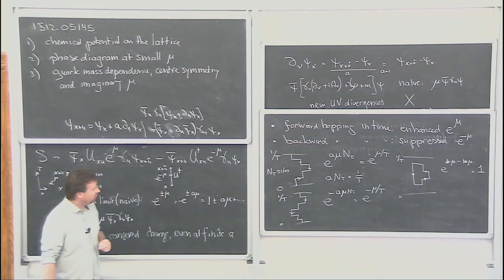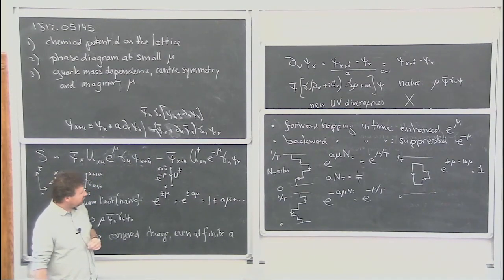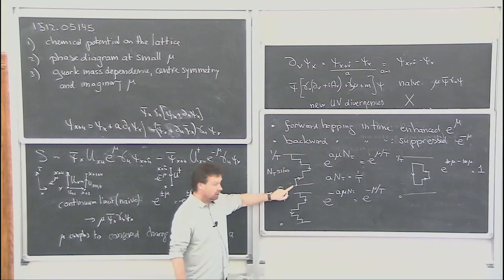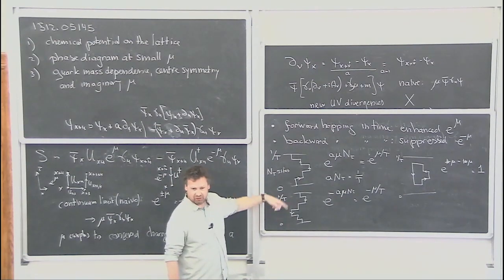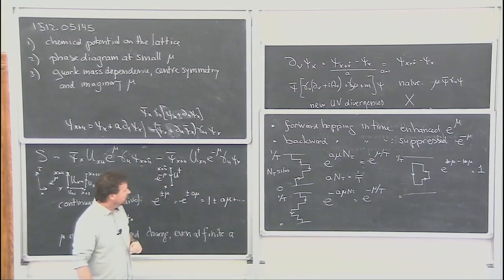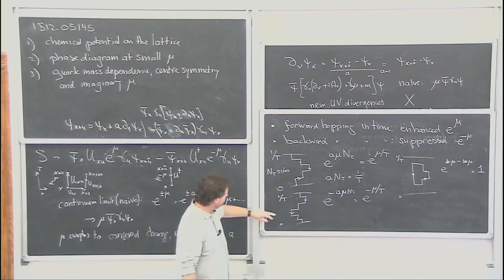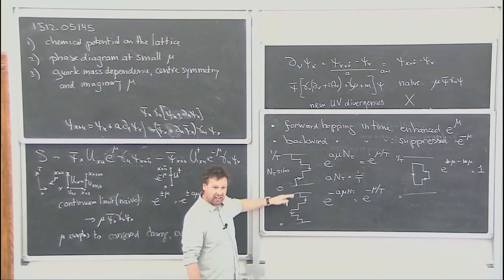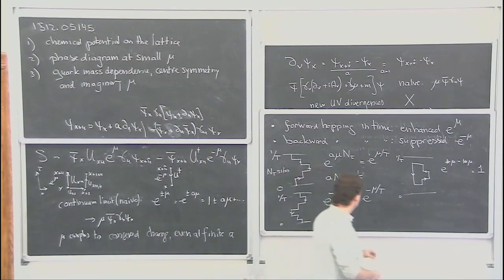So this is quite interesting because it suggests that the chemical potential dependence has something to do with wrapping around the lattice, and in other words, has something to do with a boundary condition. And that's actually the case. So we can make that very explicit by a field definition to see that the chemical potential dependence actually is a boundary condition.